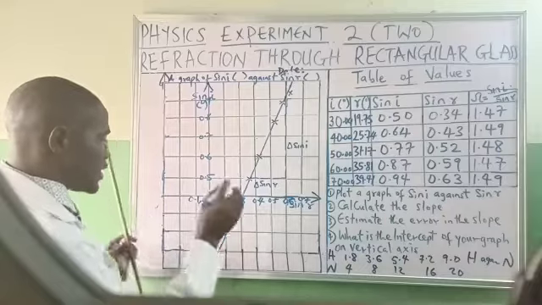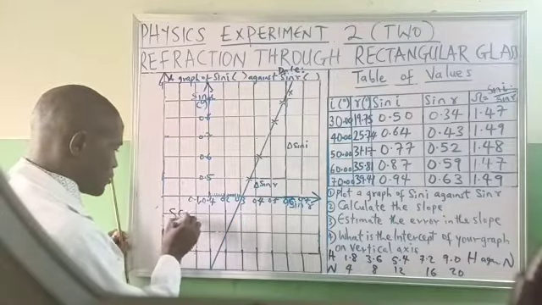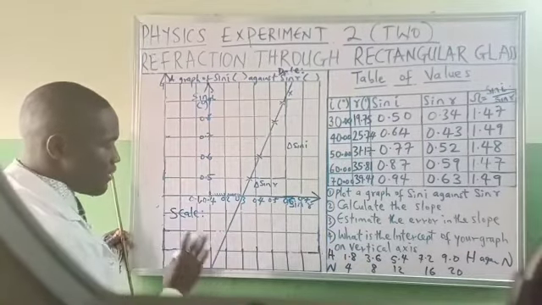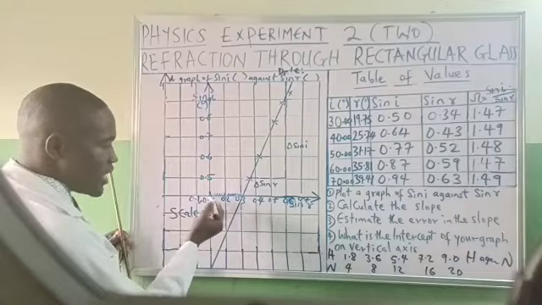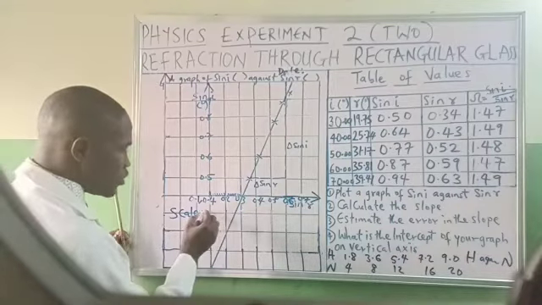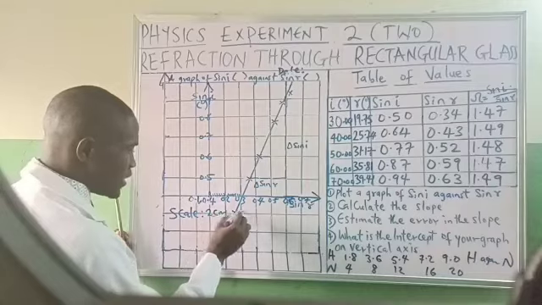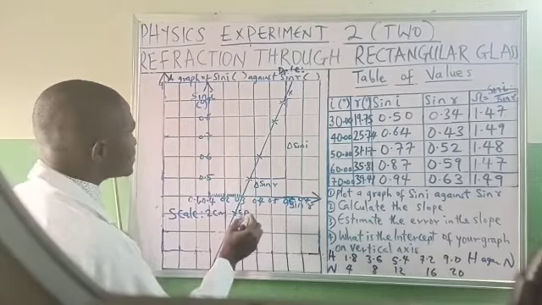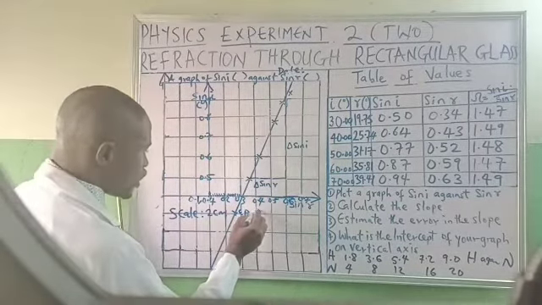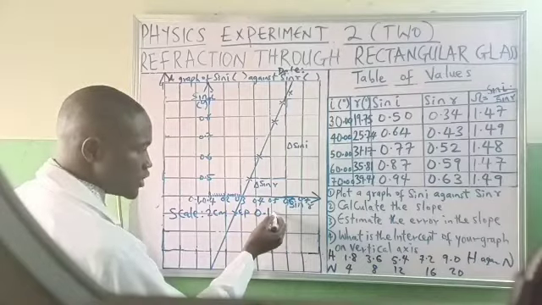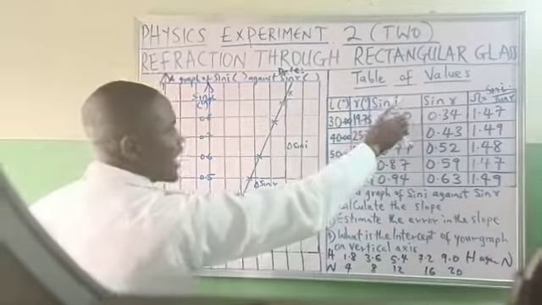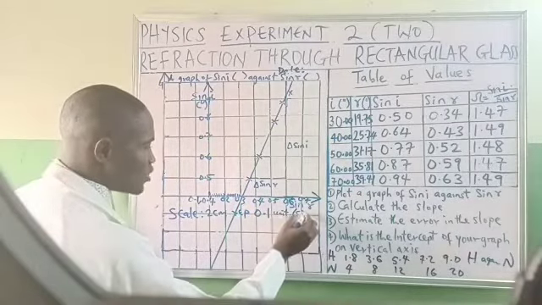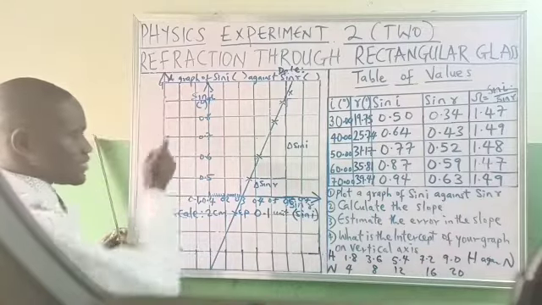You have to write your scale. Don't forget to write your scale either on the top or at the bottom of the graph sheet. Now the scale here: each of these big boxes is 2 cm. 2 cm represents 0.1 unit for the vertical axis. No unit is attached to it because sin I has no unit. That is for the sin I axis.